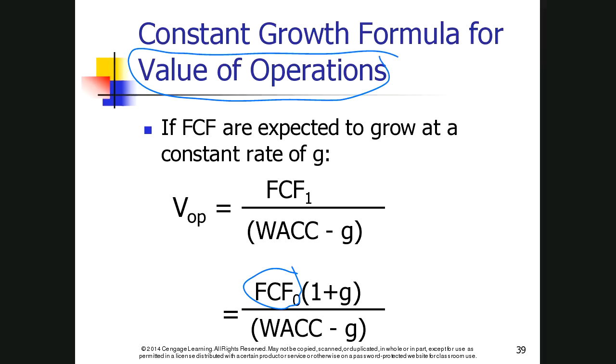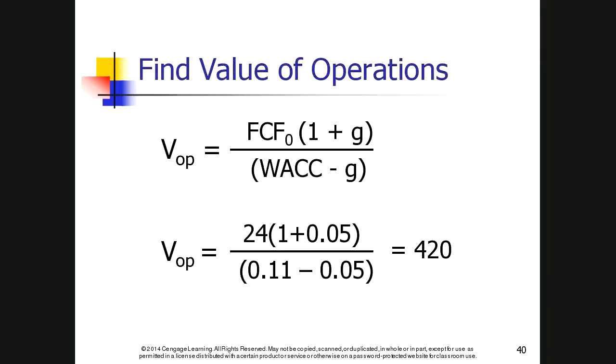So you take WACC minus g here. It's 24 million times 1 plus the 5%, divided by the 11% WACC minus the 5% growth. That's 420 million. So this is the firm's value of operations.